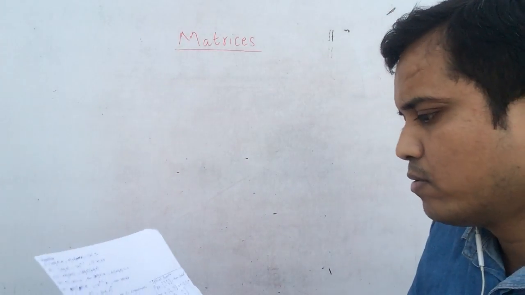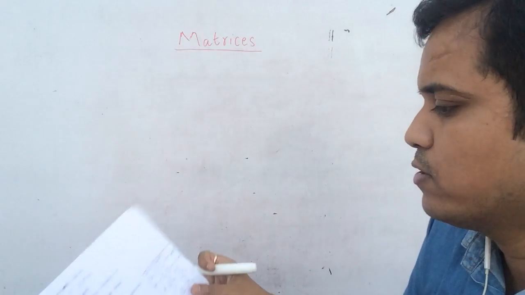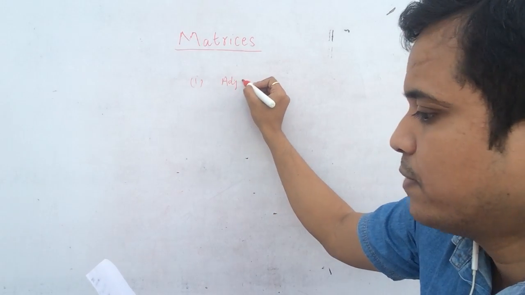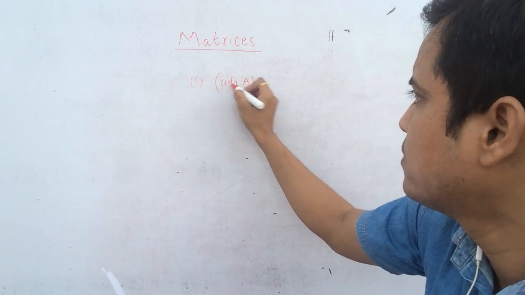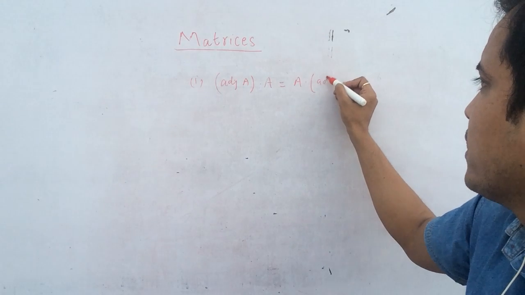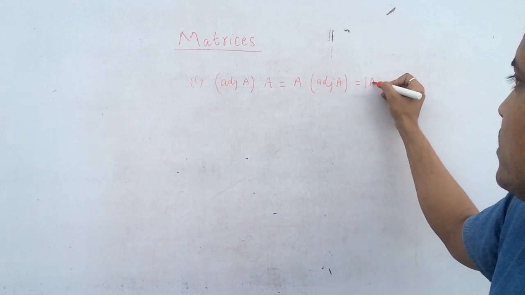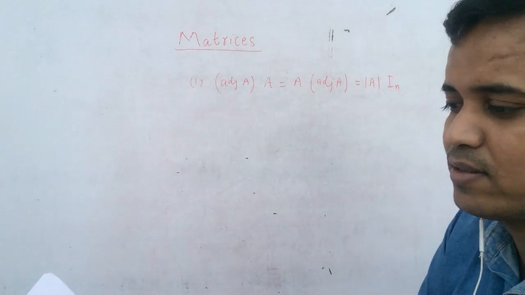Here we should also know the properties of adjoint. The first property is adjoint of A into A, and A into adjoint of A, is equal to determinant of A into I_n, the identity matrix.